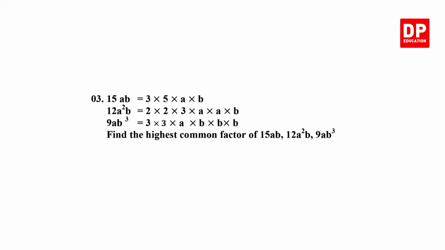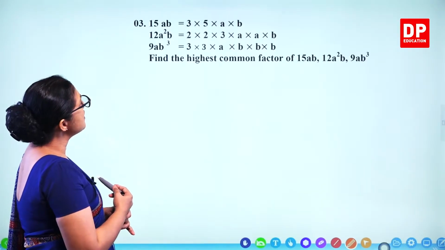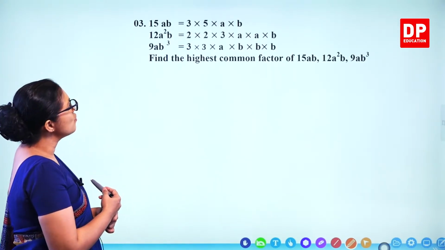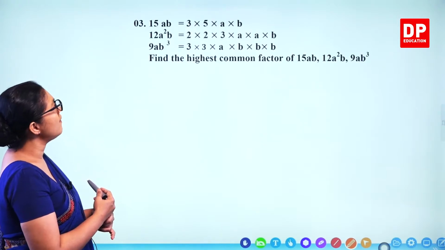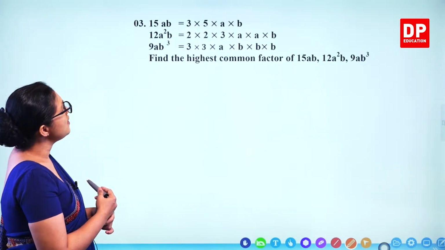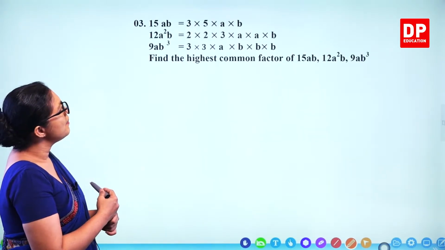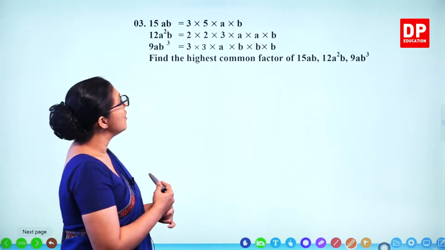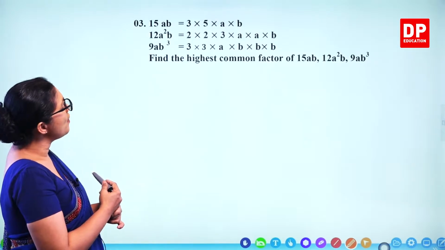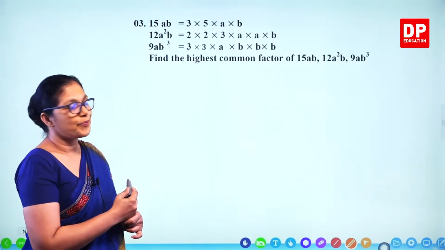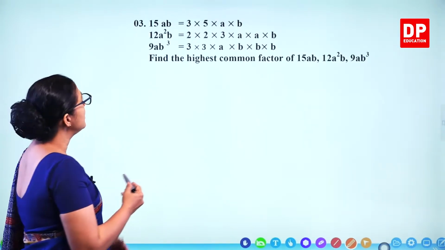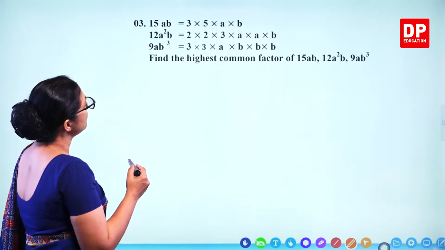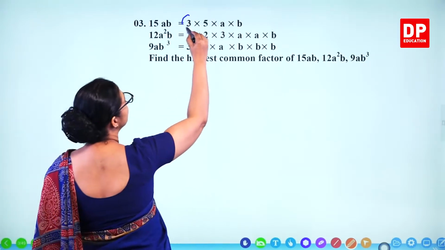Question number 3. 15ab is 3 times 5 times a times b. 12a squared b means 2 times 2, 4, 4 times 3, 12, a squared b. 9ab cubed means 3 times 3, a, b times b times b. Find the highest common factor of 15ab, 12a squared b and 9ab cubed. So you can find the common ones. 3 is common.